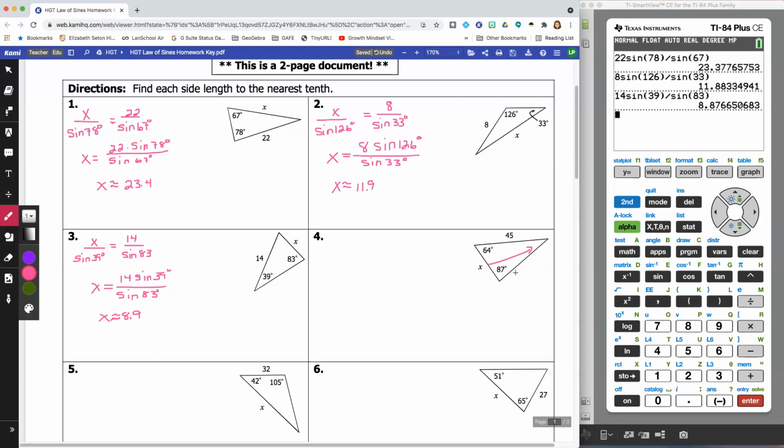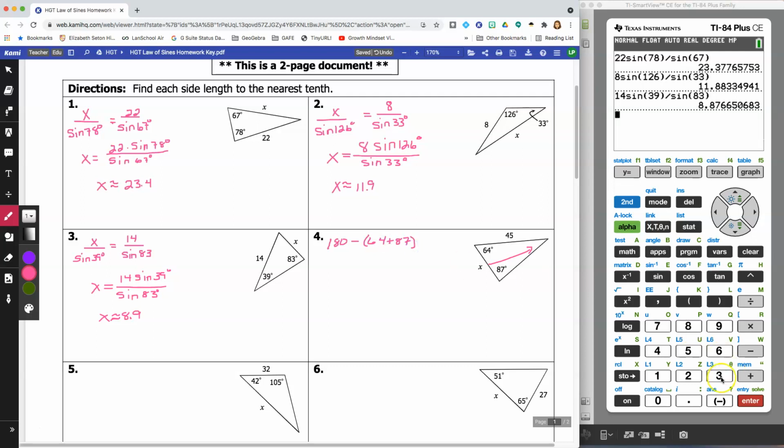So the first thing I have to do is find the measure of that angle. That's easy enough because the sum of the interior angles of any triangle is equal to 180 degrees. So I have 180 minus the sum of 64 and 87.